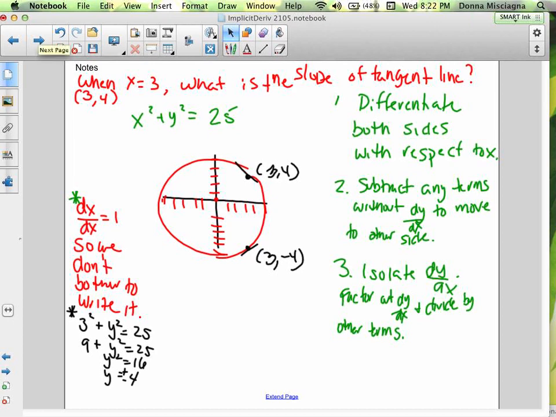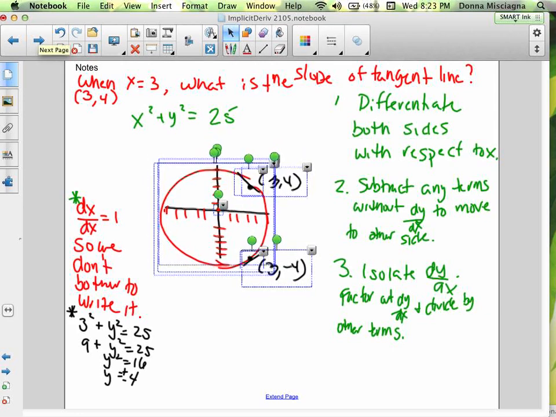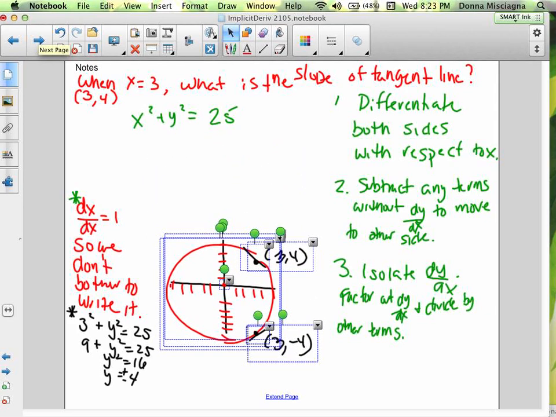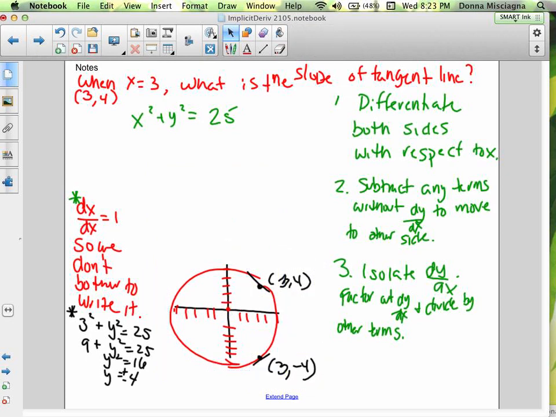And actually, you might want to include that in your notes. I'm just going to move that off to the side. And that might remind you why there's two solutions here for what's y when x is 3. But I just decided we'll just take 3, 4. I can make those executive decisions.